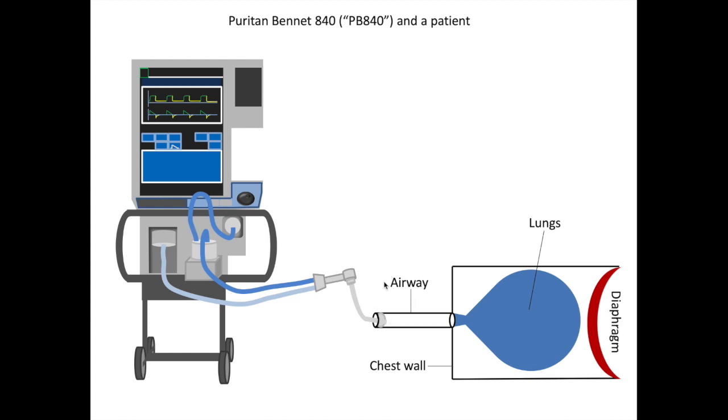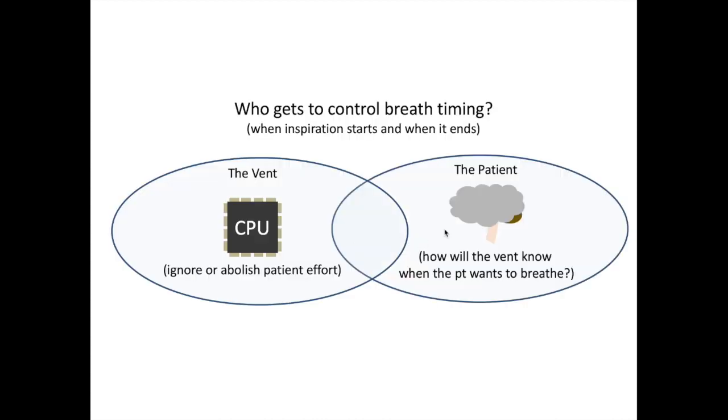There's no wires, there's no other way to give a signal between the patient and the ventilator. So the signal has to be either a pressure or a flow that comes from the patient having an inspiratory effort that the ventilator can detect in these tubes to say, okay, this is when the patient wants inspiration to happen. And that's how you give the patient control over when breath timing occurs.